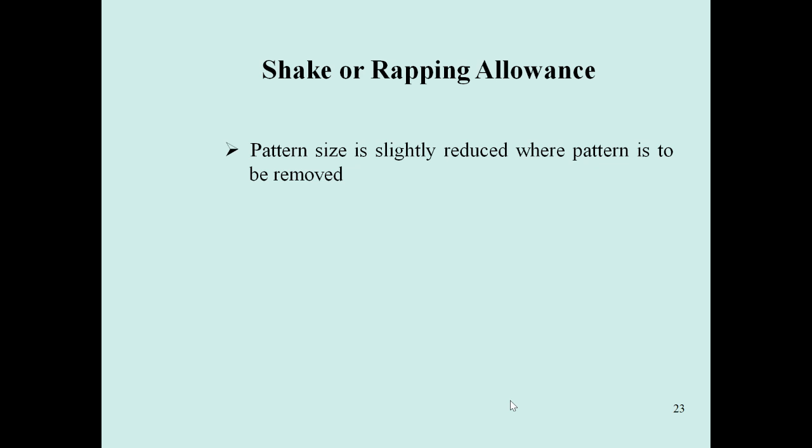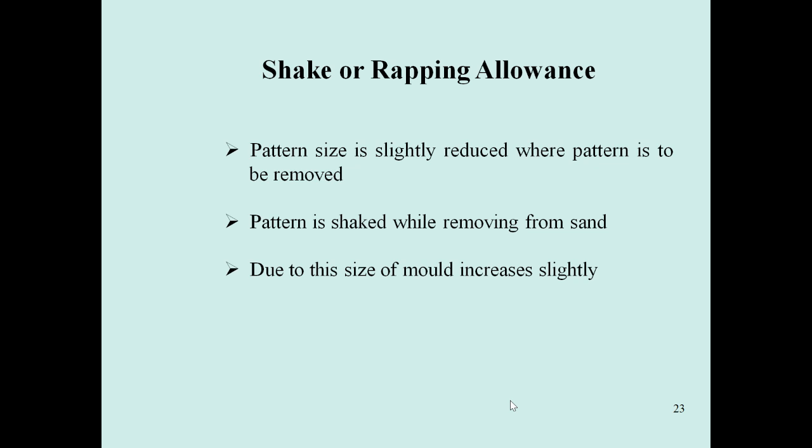The pattern is shaken while removing it from the sand. Just before removing the pattern from the sand, we have to shake it. Due to this, the size of the mold increases slightly, so it is a negative allowance.